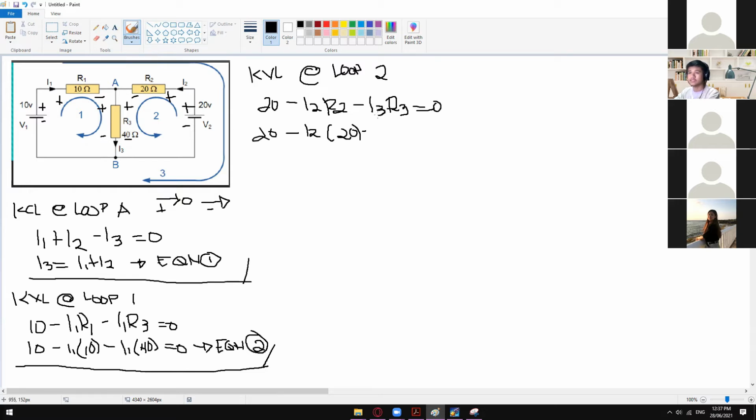So this one is I3 and then R3, so this is 40 ohms equal to 0. And equation number 3. So were you guys able to follow with this equation number 3?